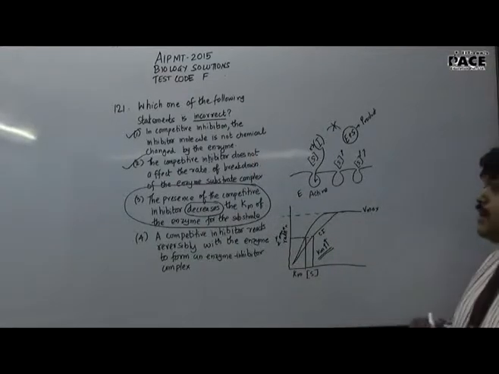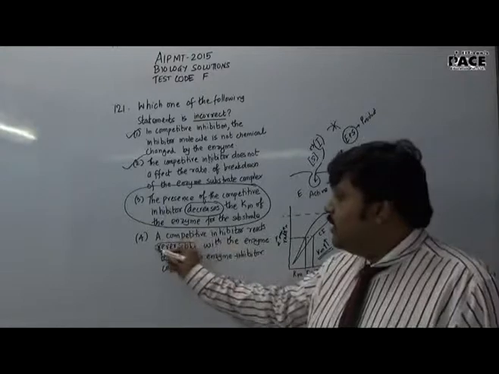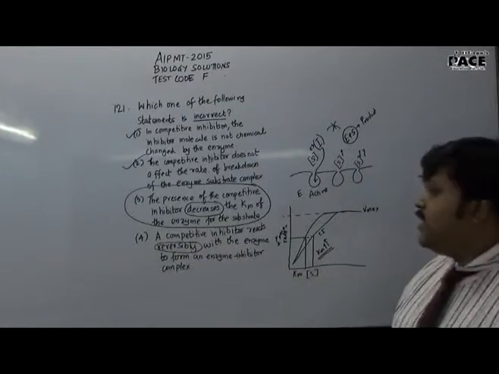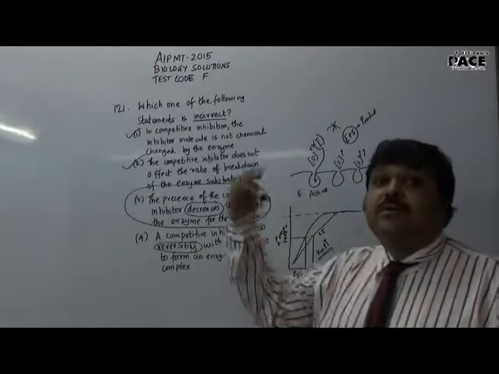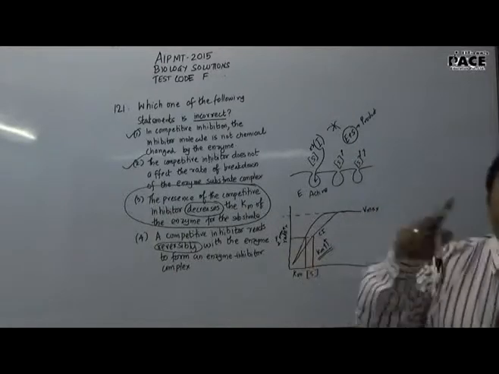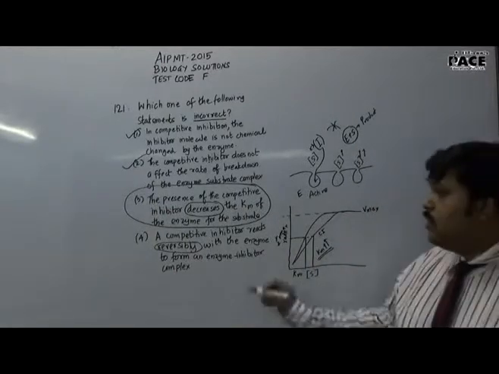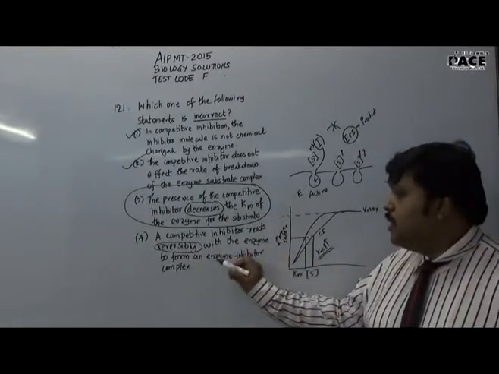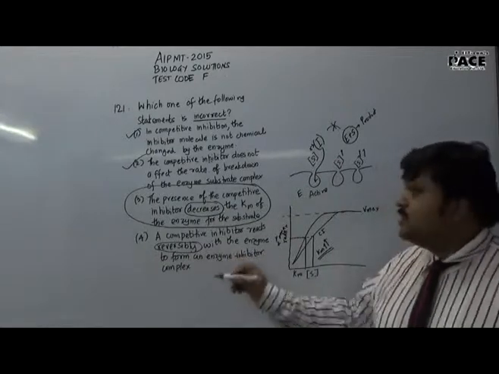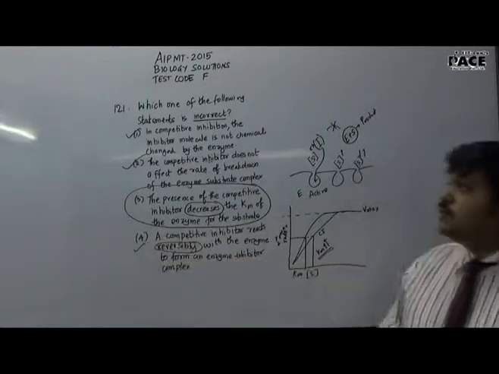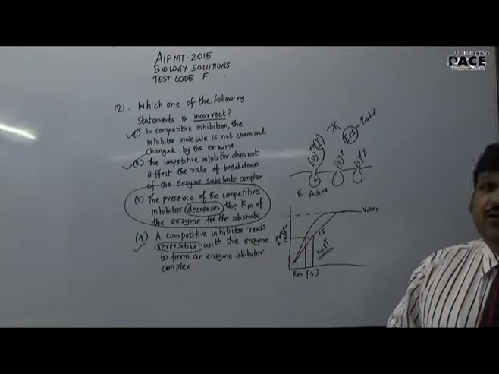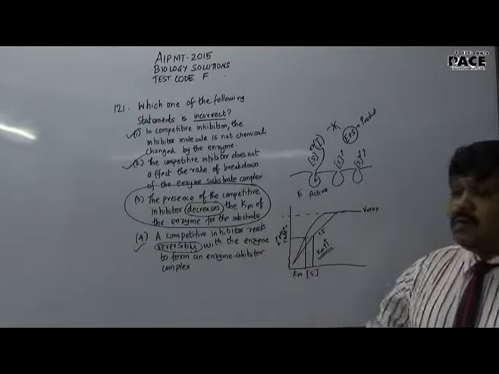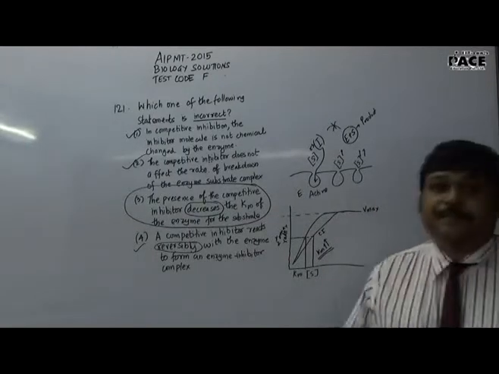A competitive inhibitor reacts reversibly. Yes, it has a reversible reaction because a higher amount of substrate will reverse this reaction with the enzyme to form an enzyme inhibitor complex. This statement is also absolutely right. So the incorrect statement out of these four is the third one, and that's the right answer.